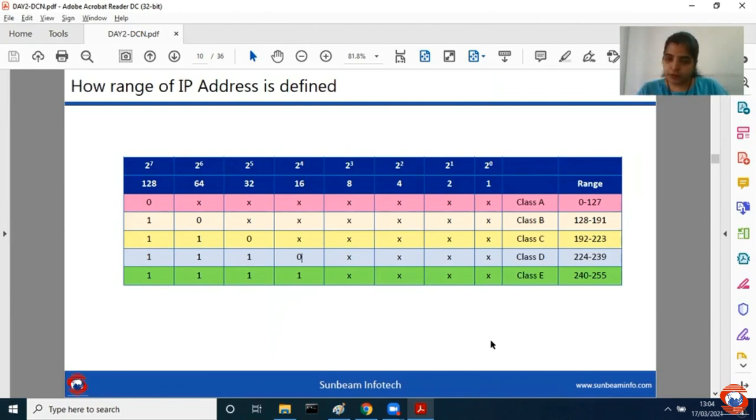So, can I conclude that if the first octet starts with a 0, it is 100% class A? Right?